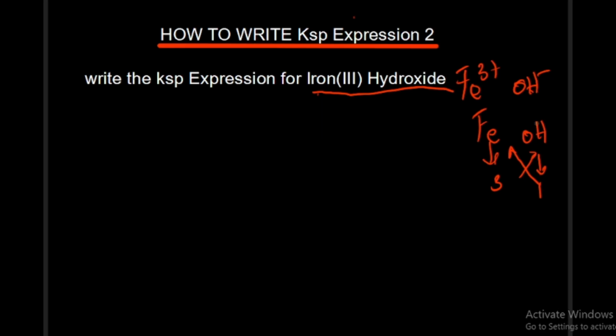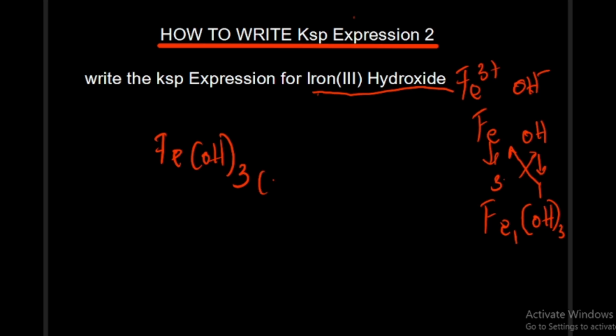You make the OH a group, so it is Fe1, then OH in brackets with a 3 here. So iron(III) hydroxide is Fe(OH)3. Do you understand?